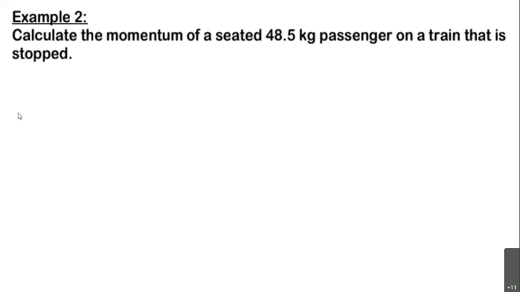Ah, keywords like stopped or stationary or at rest, they tell us that the speed of that object is 0 meters per second.